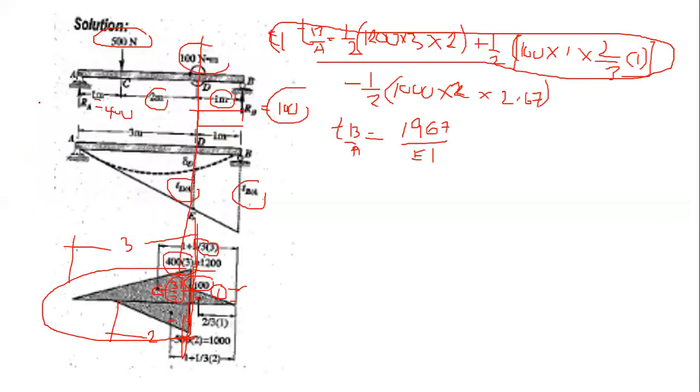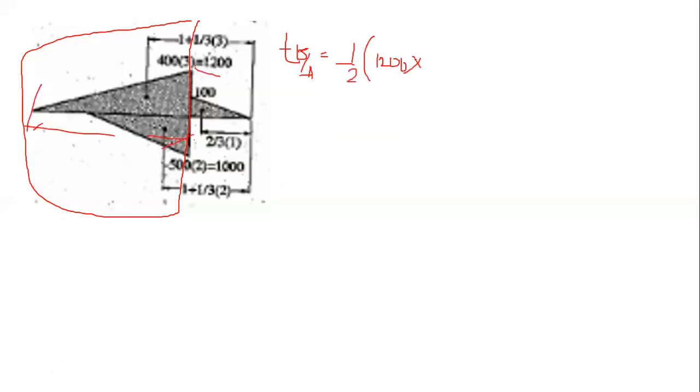So deviation at B from A. Ito, again, 1/2 of ito, 1,200 times this distance mula dito. What is that distance? Is 3. And then the centroid. Ngayon, ang centroid niya, kasi dito lang naman, we're just computing from here. Ito lang, ano?